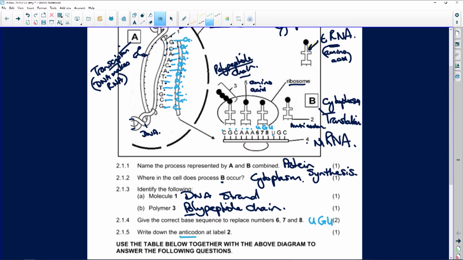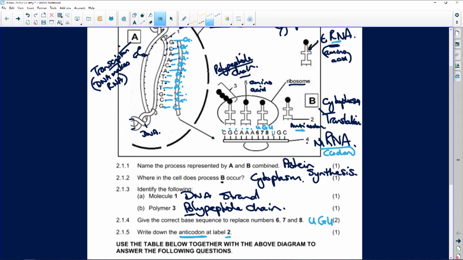Write down the anticodon for label 2. Now, if we look at label 2, it's going to come in here for UGC. So if it's coming for UGC, that's your anticodon, it's your transfer RNA. It's opposite to your messenger RNA, which is a codon.